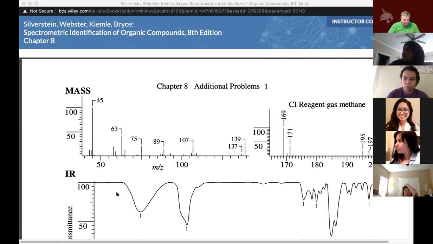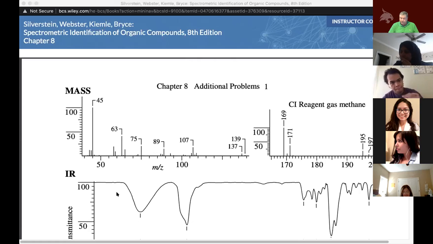So those hydrogens are also found there. Because if you look at the decomposition, it does that plus 18 peak with ammonia ions.